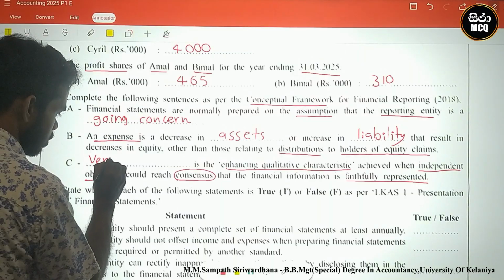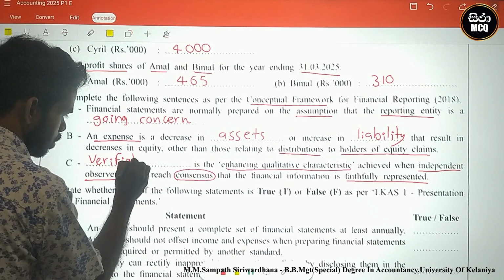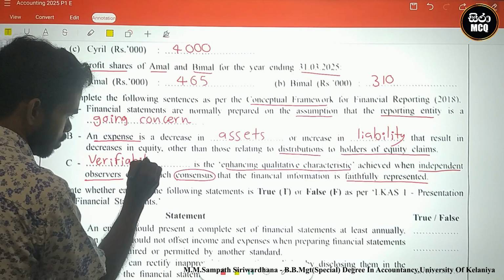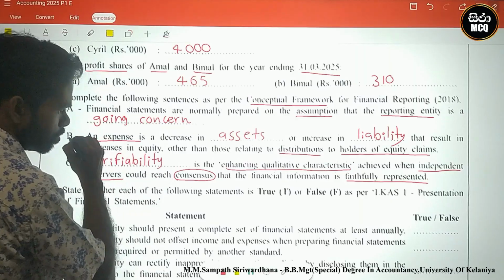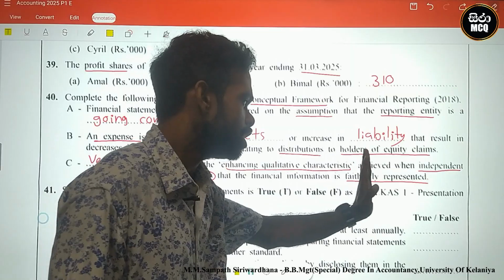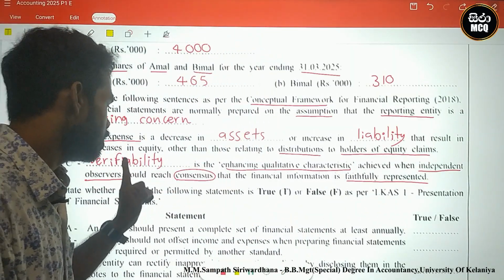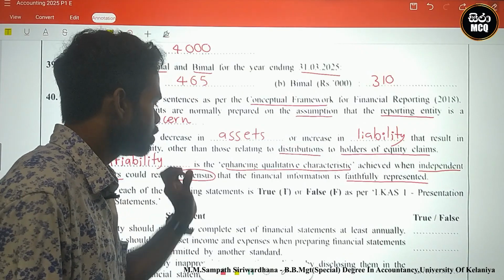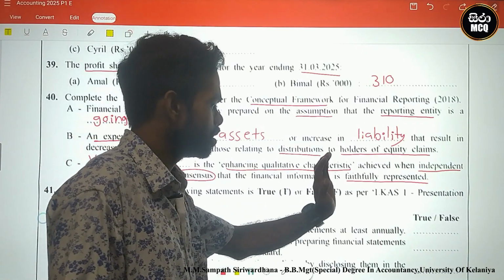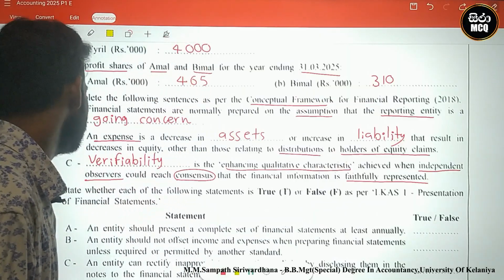Verifiability is an enhancing qualitative characteristic achieved when independent observers, auditors, could reach consensus agreement that the financial information is faithfully represented. Okay, this is the answer.